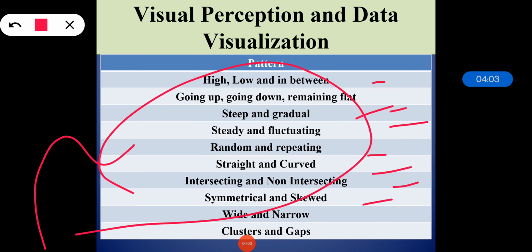Then we do the filtering, which helps users adjust the amount of information for display. And if the spatial layout is most important, then rearrangement is also done. So this is how interactive visualization can be done by the various patterns.